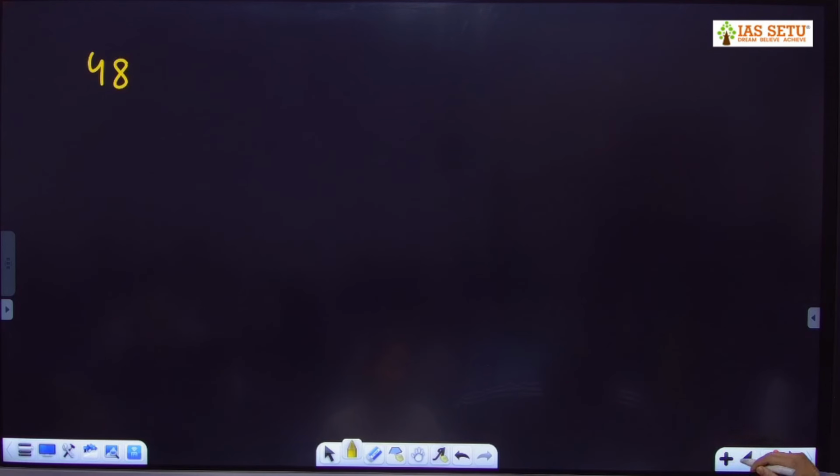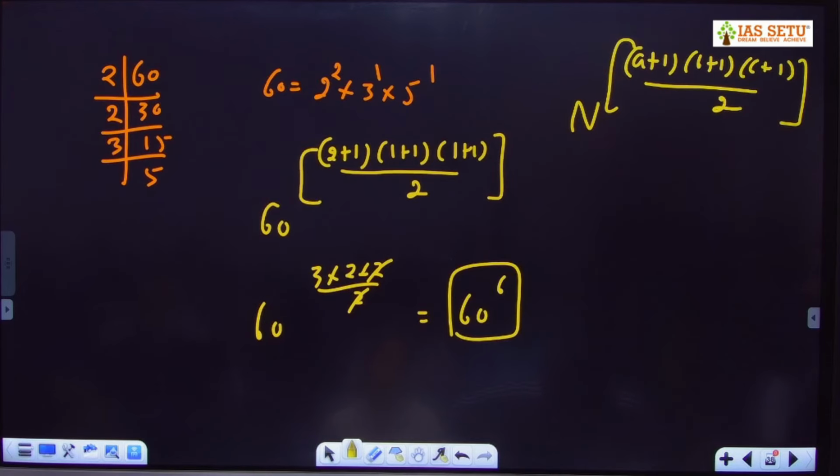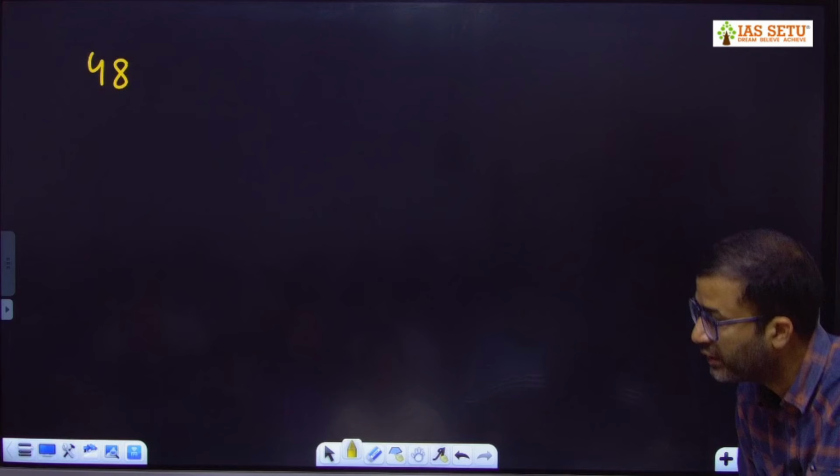Last slide. This is the last slide. On solving further by multiplying them, the calculation will be very large. No one will ask that in UPSC. Like here, in this case, 48.